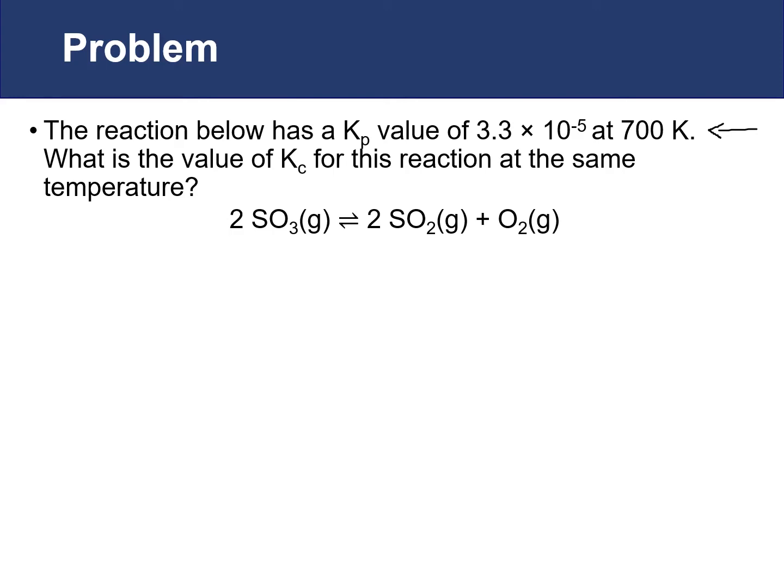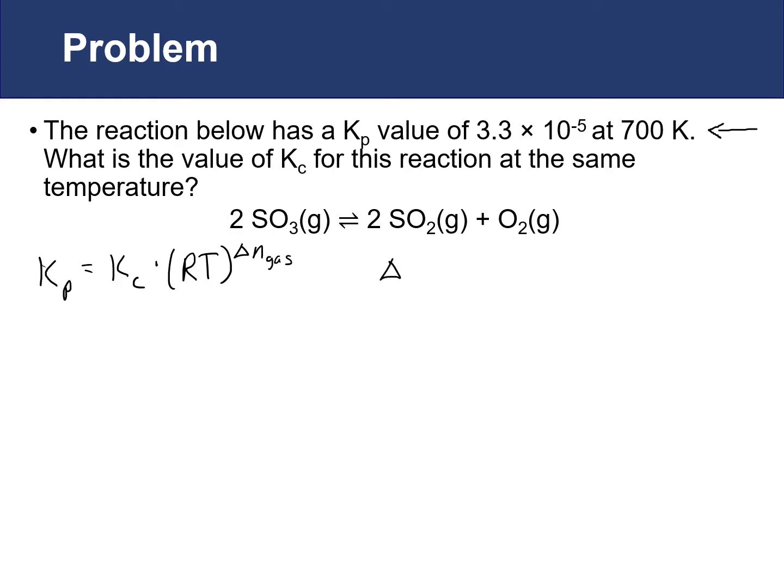So we're going to start with our end expression that we just came up with, which is Kp is equal to Kc times quantity RT to the delta N gas, right? Products minus reactants. So first thing we need to do is figure out what our delta N gas is.